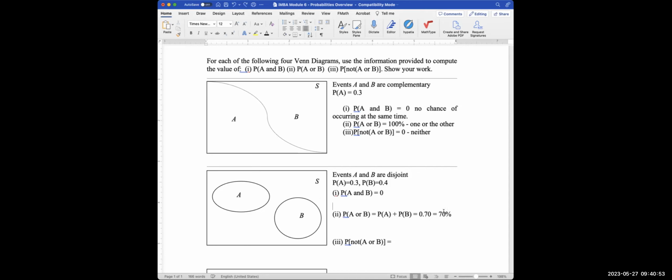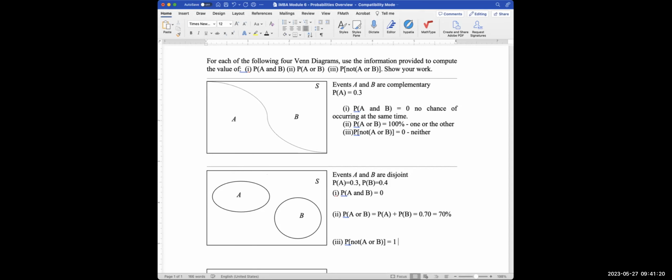Now, the next one is saying go for the outside part. So we call that not A or B, so neither A nor B. And to get this, since we're just summing these areas, then this outside area, because the entire space should be 100%, we should subtract A or B, and that will leave the remainder. So that's what we'll do.